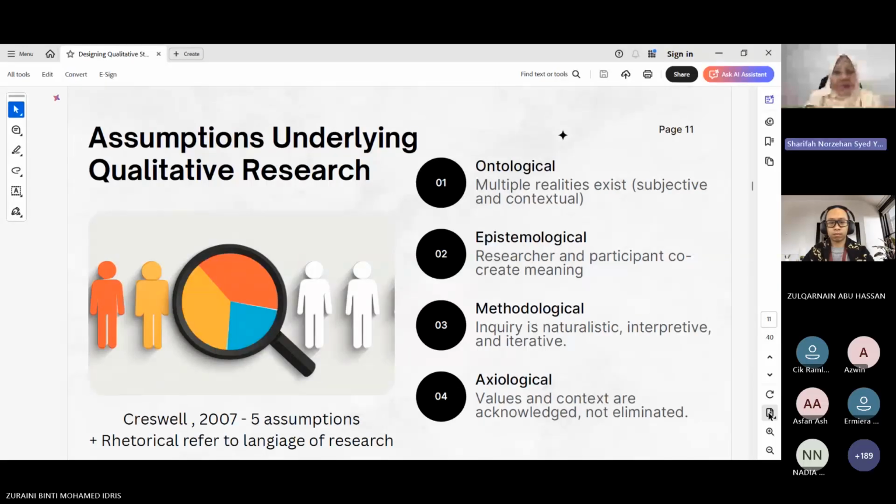And in order for you to know those multiple realities, that's where you as a researcher are going to interview whom? Because only by participating in this particular research with whoever your interviewees are, the school teachers or the school children, will you be able to know more about muhasabah.